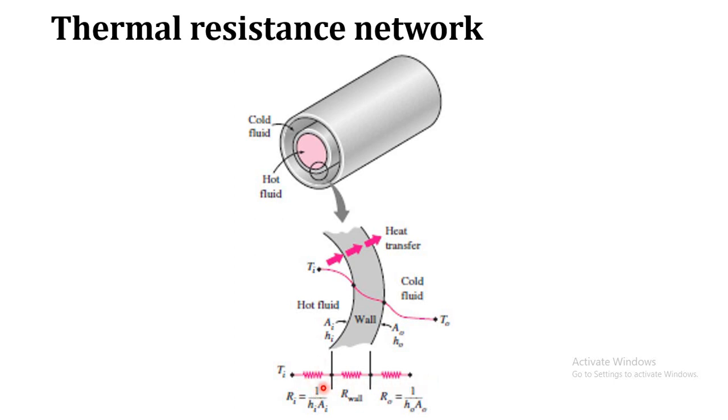There is the inside convection resistance, 1 by HiAi, and a conduction resistance, R wall, because it is a tube. The equation for cylindrical coordinates is ln of r2 by ri divided by 2 pi k L. The outside convection resistance is 1 by HoAo.